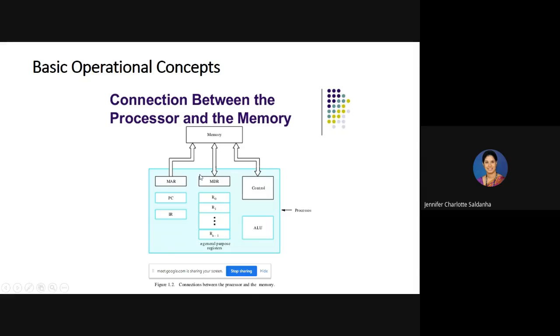MDR stands for memory data register. The memory data register holds the data which is sent to the memory for storing in the addressed location, or the data which is read from the memory into the processor for the execution.